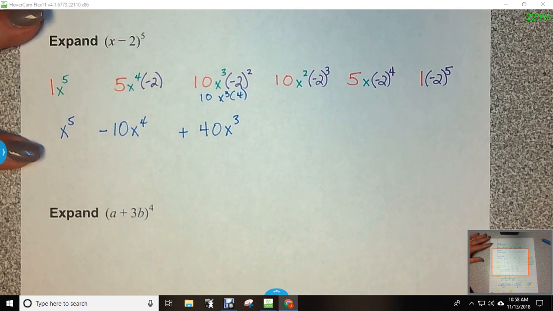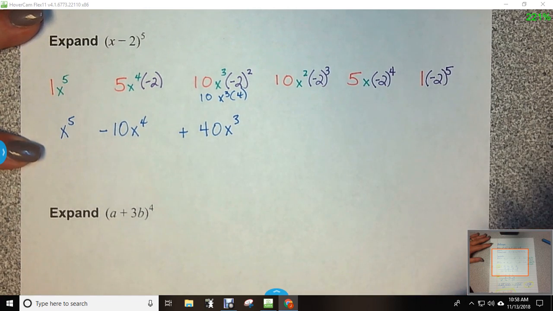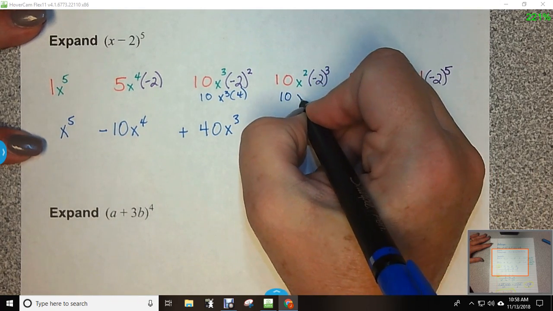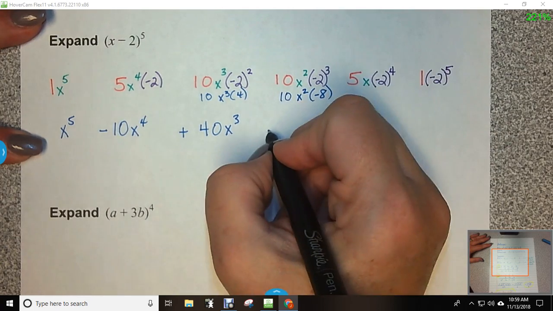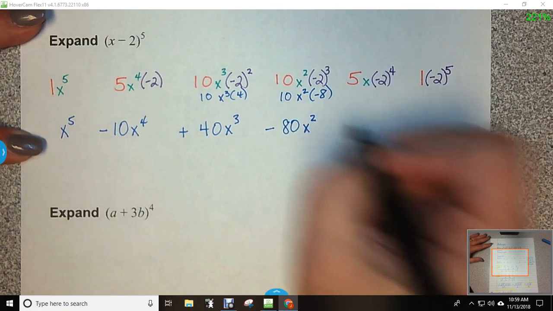For the next term, what is negative 2 to the 3rd power? Negative 8, because negative 2 times negative 2 is a positive 4, times negative 2 again makes it negative 8. So this one is 10 times x squared times negative 8, which makes that term negative 80x squared.